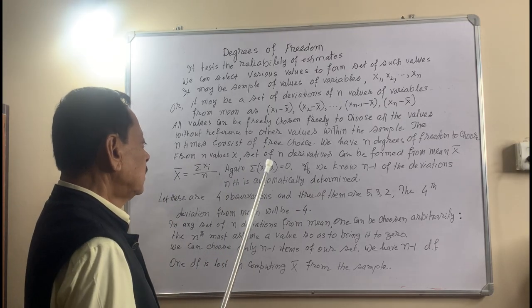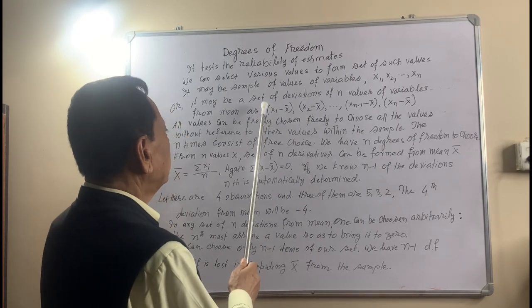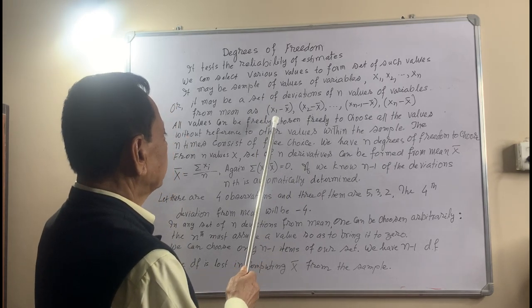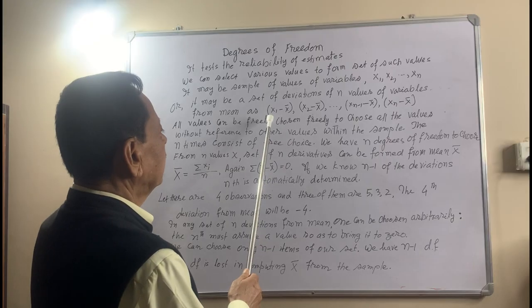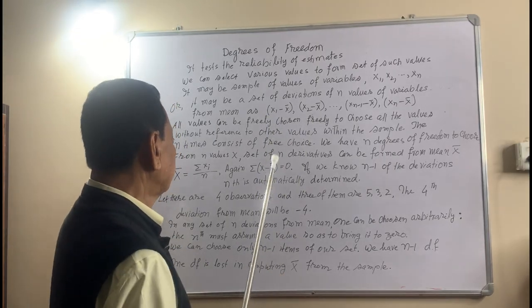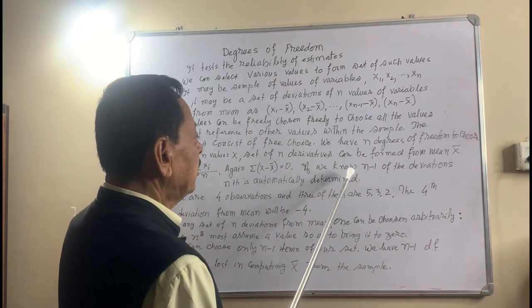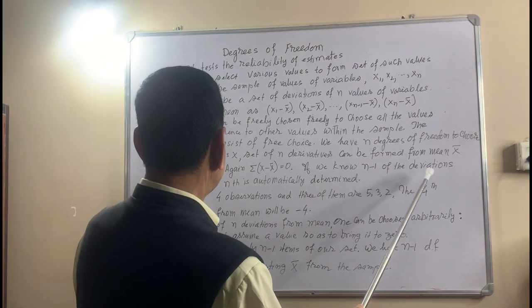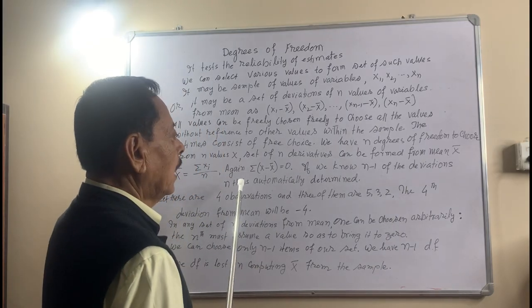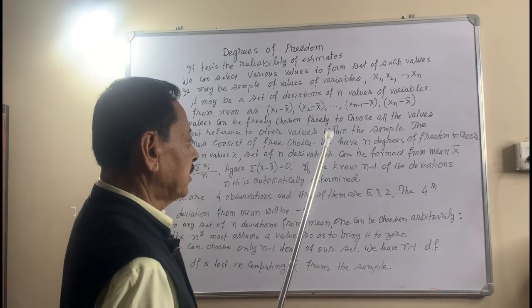Now again, if we see the mean deviations of each value of x, x1, x2, and so on, there will be n deviations. If we sum them up, it must be 0. If we know n minus 1 of the deviations, the nth is automatically determined.